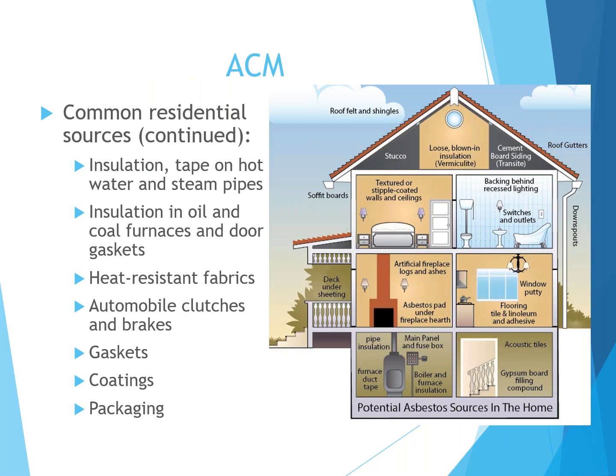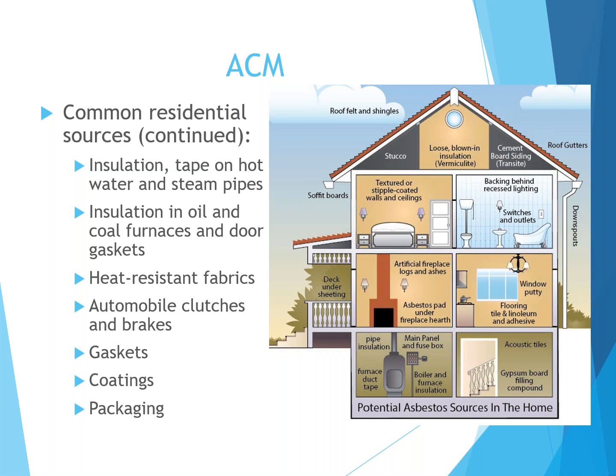So some continued residential sources: insulation, as I've already noted, insulation that's black, and in many cases will even have a label that says asbestos containing insulation. Like I said, about 99% of the time that is asbestos if you see it.